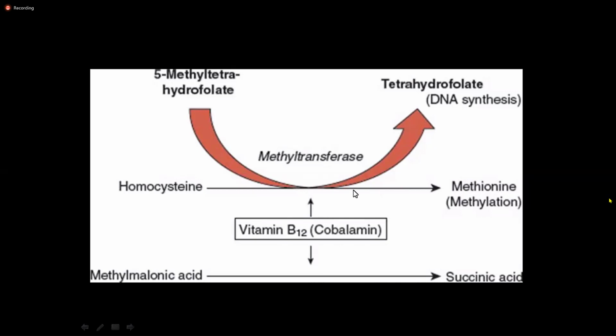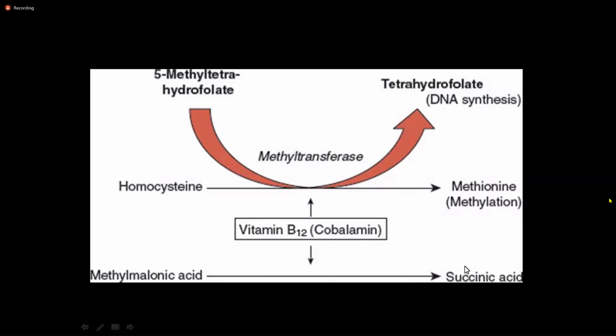Not only this, methyltransferase is also important for tetrahydrofolate, which is used for DNA synthesis. And this vitamin B12 dependent enzyme is also useful for the conversion of methylmalonic acid to succinic acid.